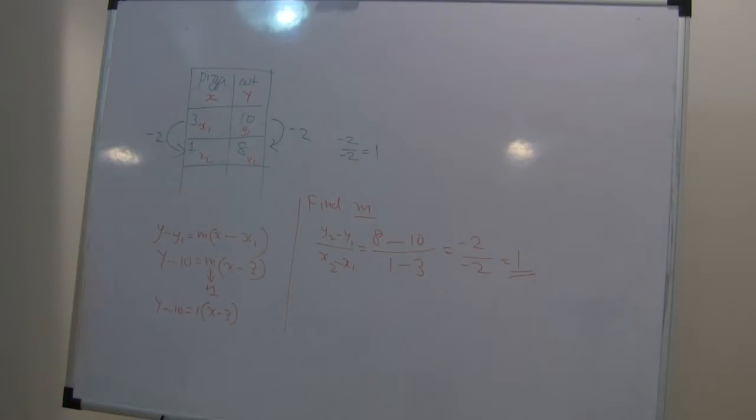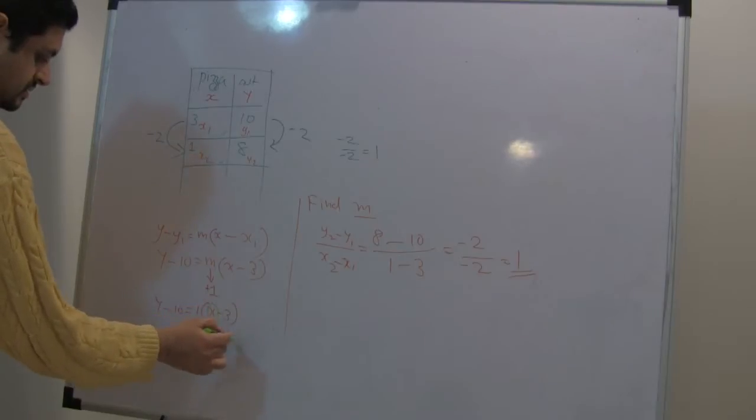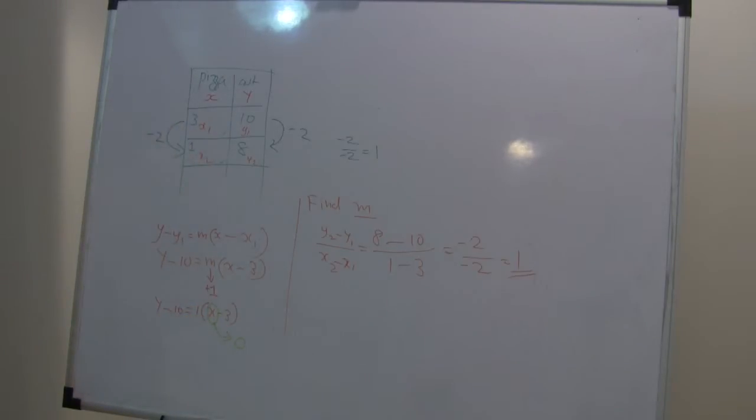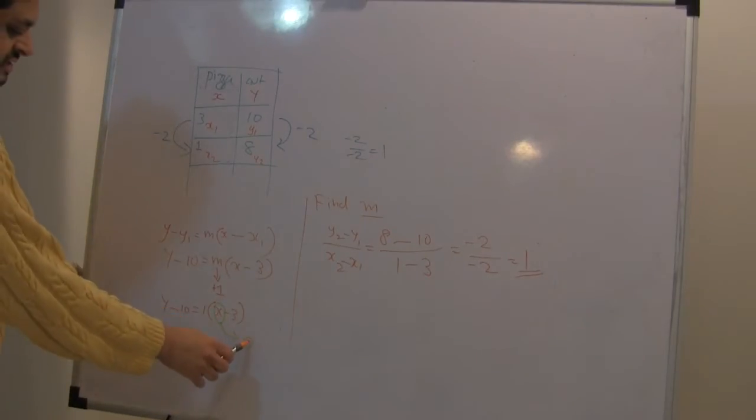Okay, so we got the slope. Now we have to find the y-intercept. At the y-intercept, the value of x equals 0.